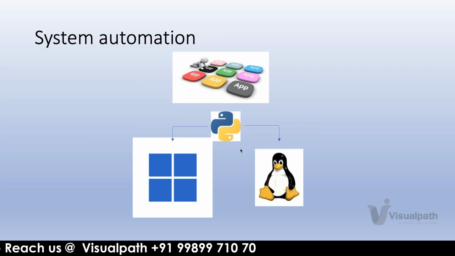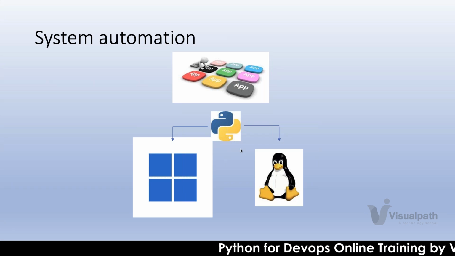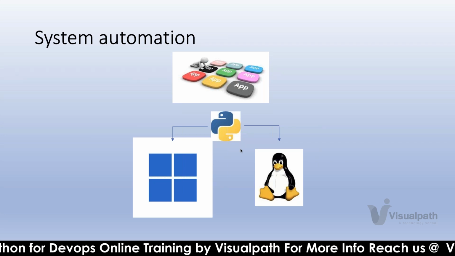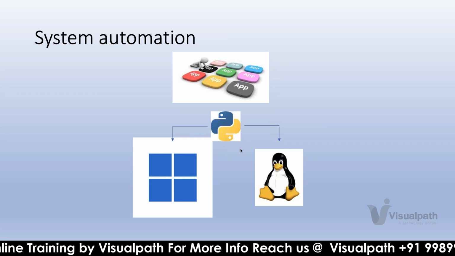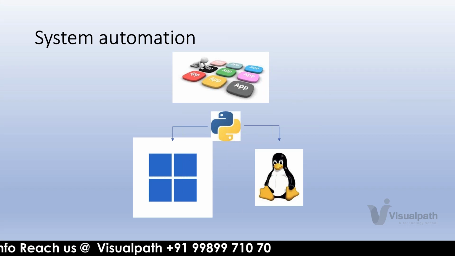There should be a medium where your tool is communicating with the underlying operating system, either Windows or Linux. You will be writing automations where you will learn how to write Pythonic code for communication between your tools and your underlying platform.